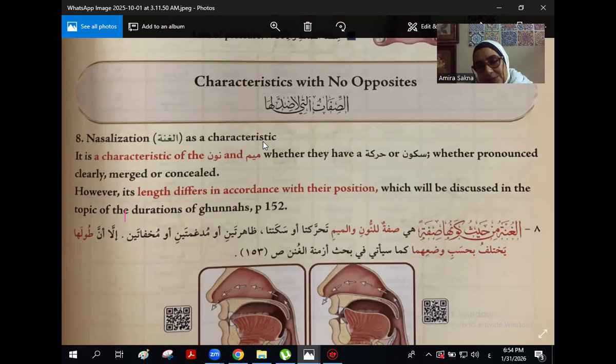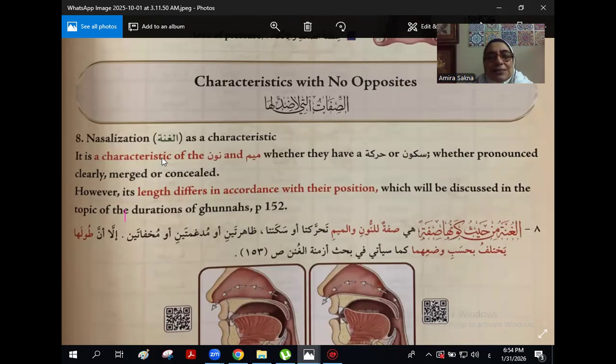Because if you remember, my dear sisters, we did talk about al-ghunna or nasalization also at the end of the articulation points chapter, also as an articulation point. And we said al-ghunna or nasalization as an articulation point, it's a place, it is the nasal cavity.